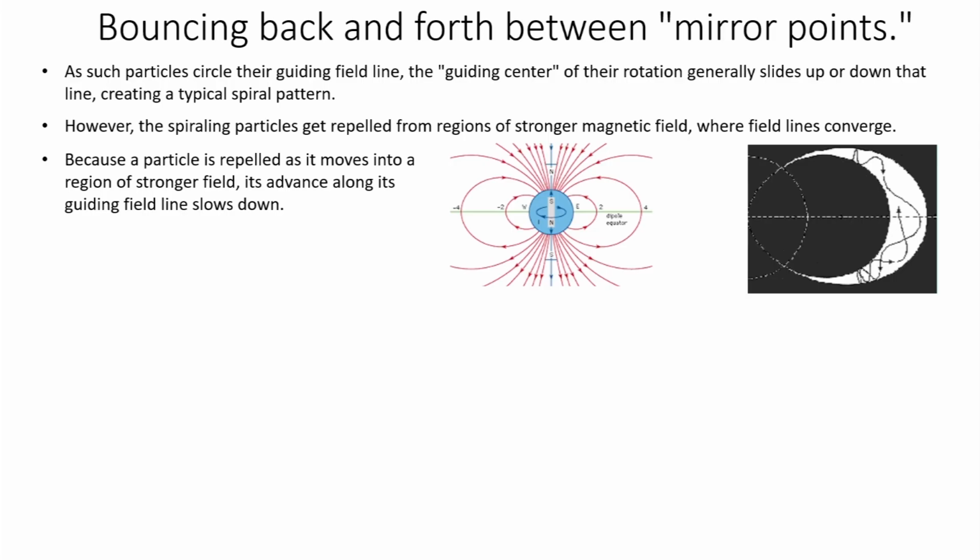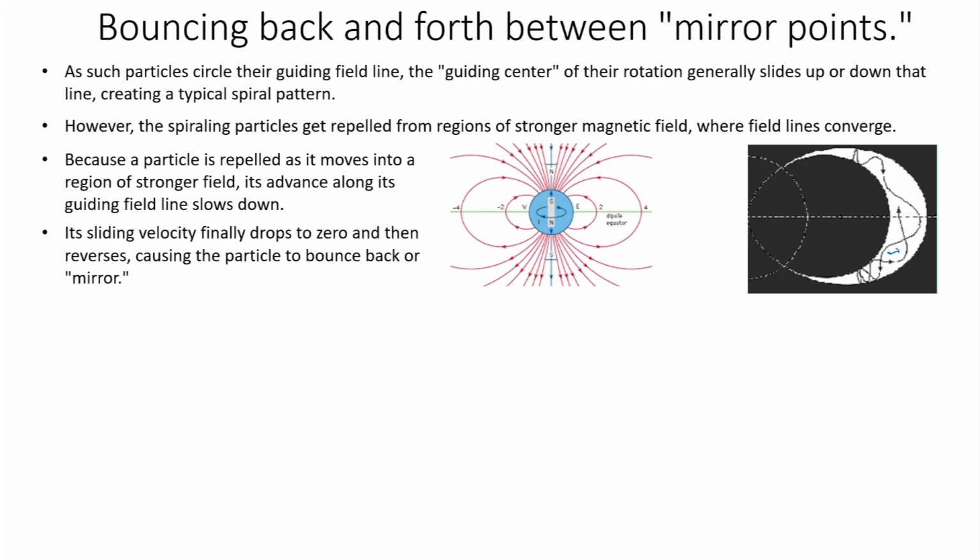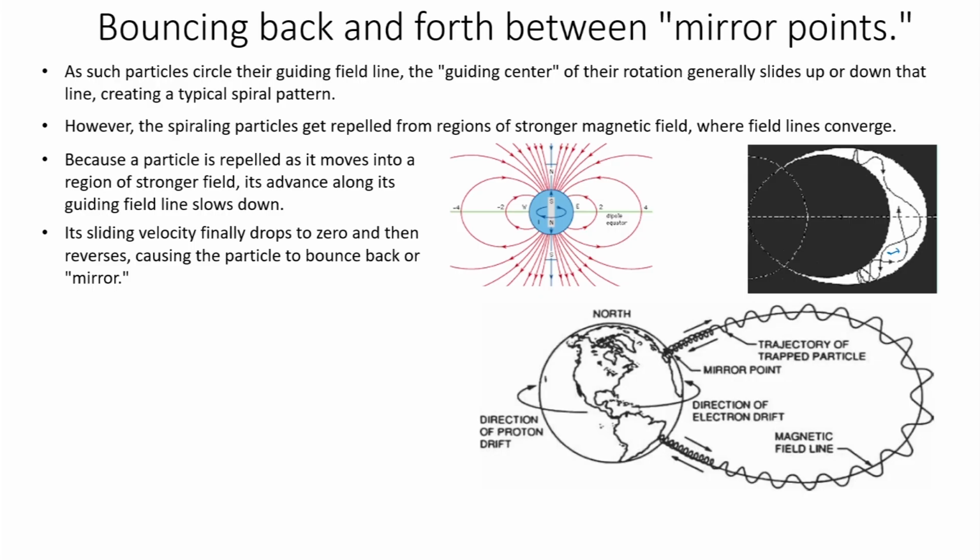We can see here it is going in this direction and then getting bounced back. The sliding velocity finally drops to 0 and then reverses, causing the particle to bounce back, and so these points are called the mirror points.